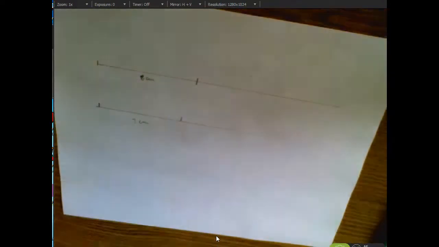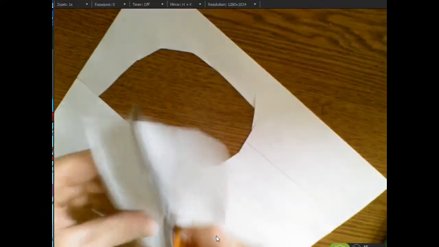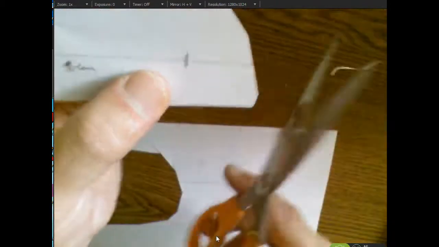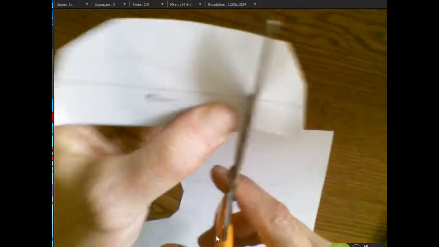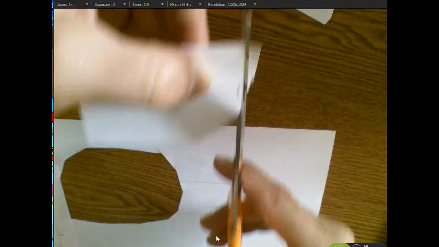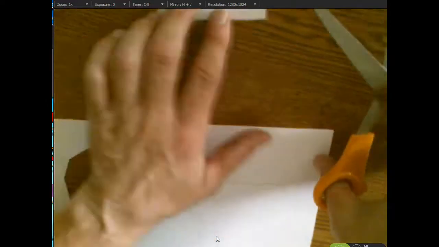If I cut them up, I'm going to get my scissors out, and I'm going to cut them up, and you notice I've cut the first one. Here's the 8 centimeter cut, and I'm going to do the best I can to make my paper that long. Okay, do we agree? That's my 8 centimeter segment right there. And I'm going to grab my 7, and I cut it.